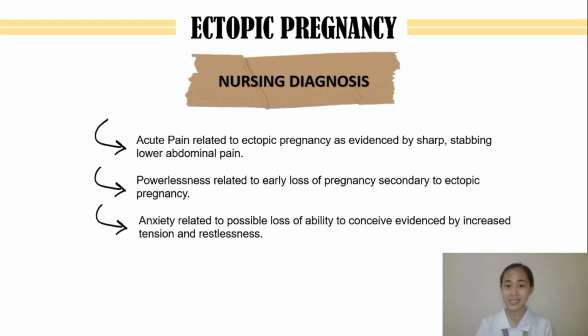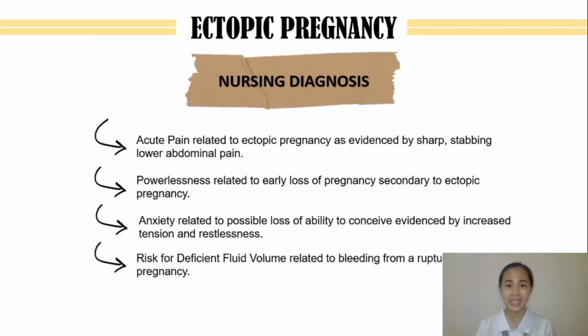Third, anxiety related to possible loss of ability to conceive, evidenced by increased tension and restlessness. And lastly, risk for deficient fluid volume related to bleeding from a ruptured ectopic pregnancy.